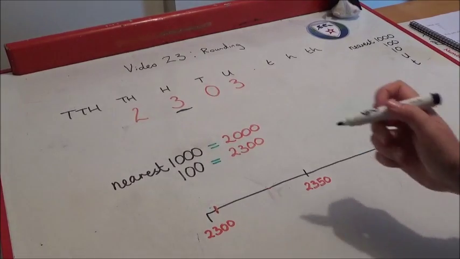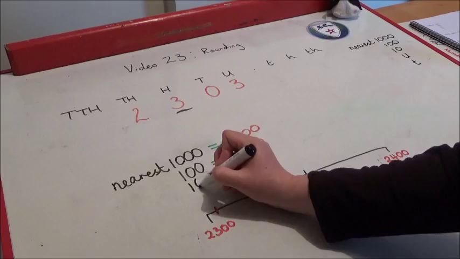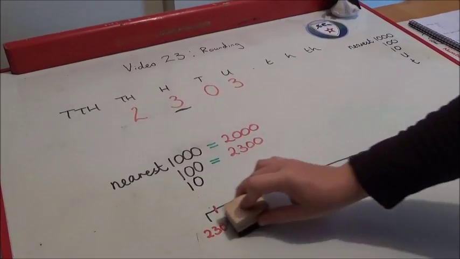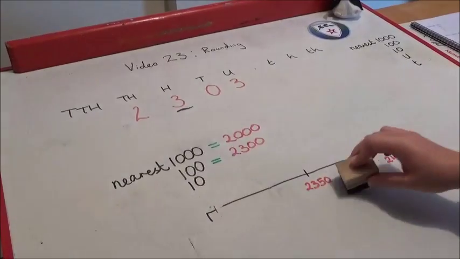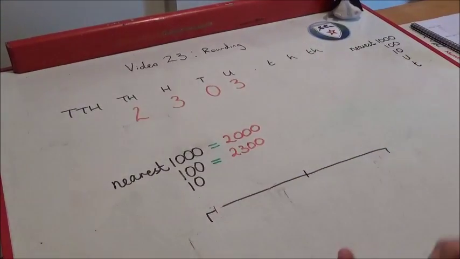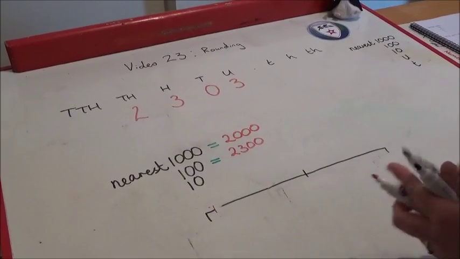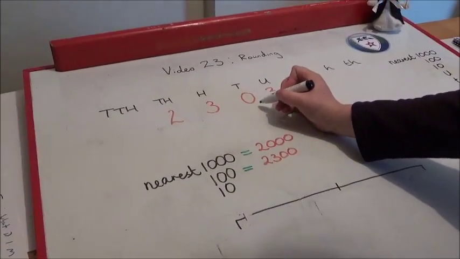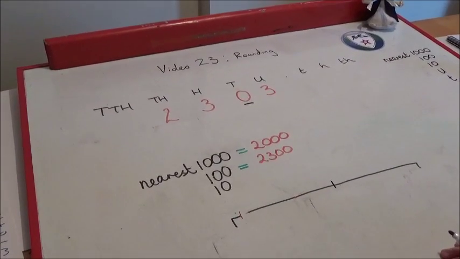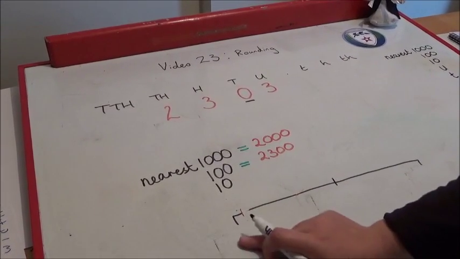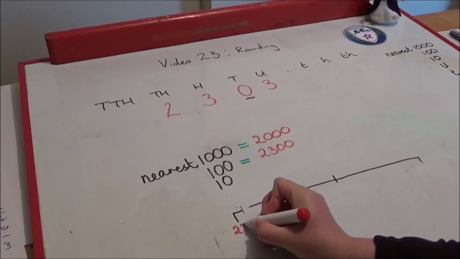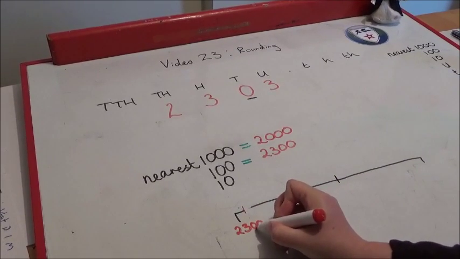Last with this example is rounding to the nearest 10. So I'm going to wipe off my number line again and look back at our place value position. The tens in this number is 0. So we're saying, again, are we closest to 2,300? There's my 0.